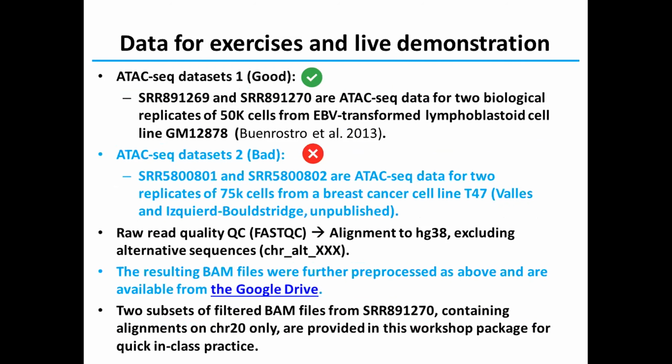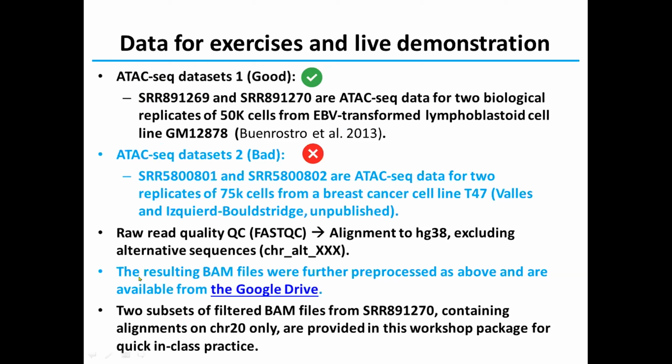After that, I'd like to have some live demonstration. In the demonstration, we have data from two different experiments. One is from the Greenleaf lab, which has pretty high quality data. Another one is unpublished data, which has pretty poor quality.